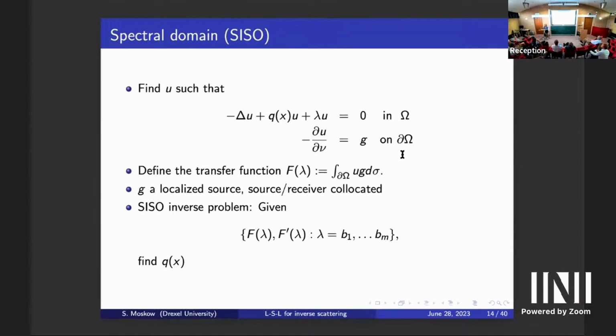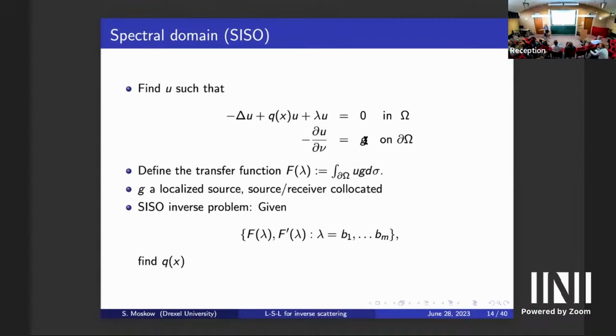So I wanted to explain what happens in the spectral domain, because you can do this in the spectral domain too. And so here, it looks very different, but they're the same. So here we have the same operator, but now we're in the spectral domain with some lambda. And now the transfer function, instead of looking at time snapshots, we're looking at the function in the spectral domain.